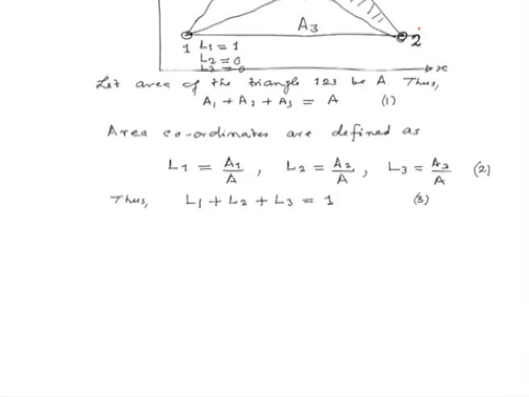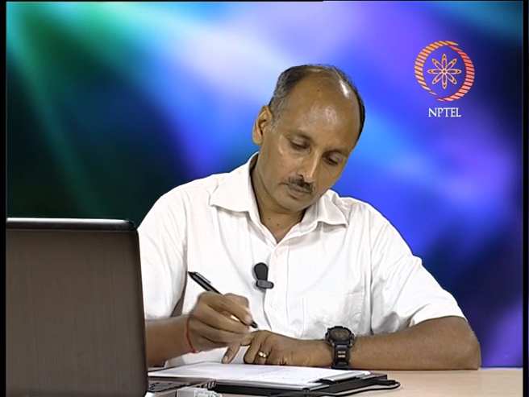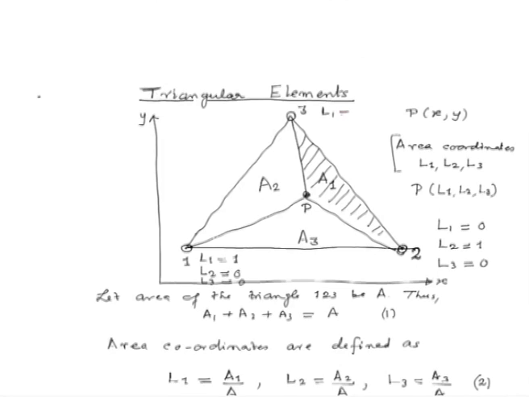When we come to point 2, P coincides with vertex 2, and A2 is the whole of the triangle area. So, we will have L2 equal to 1 at vertex 2, L1 equal to 0 and L3 equal to 0. Similarly, at vertex 3 we have L1 equal to 0, L2 equal to 0 and L3 equal to 1.